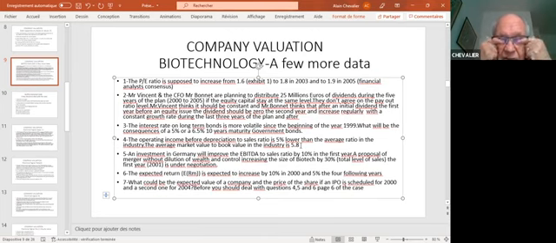Point 5, an investment in Germany will improve the EBITDA to sales ratio by 10% in the first year. If you had a look, remember, you read again the case, there is an investment in Germany, which is just mentioned.